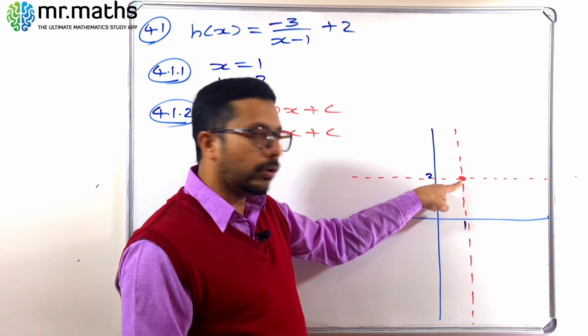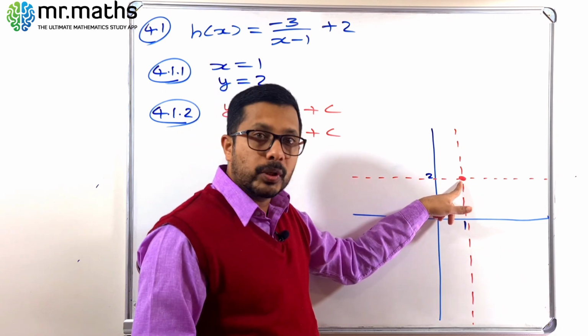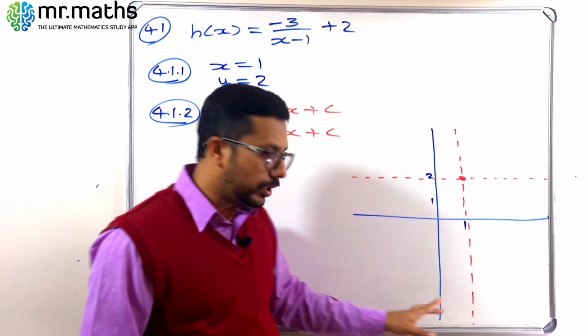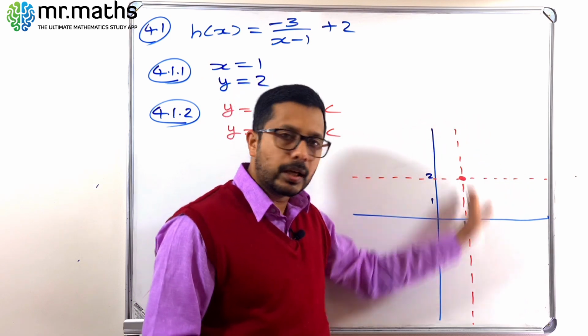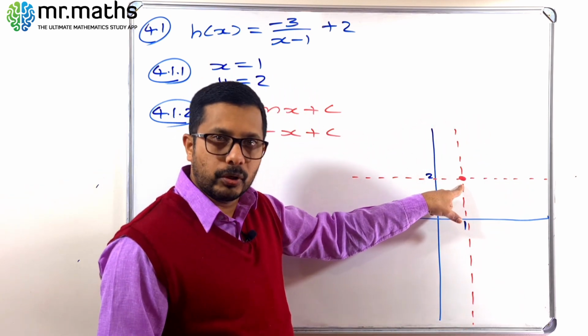The axis of symmetry always passes through that intersecting point of the asymptotes if there is an axis of symmetry. Otherwise, if there is no axis of symmetry, it will pass through the origin.